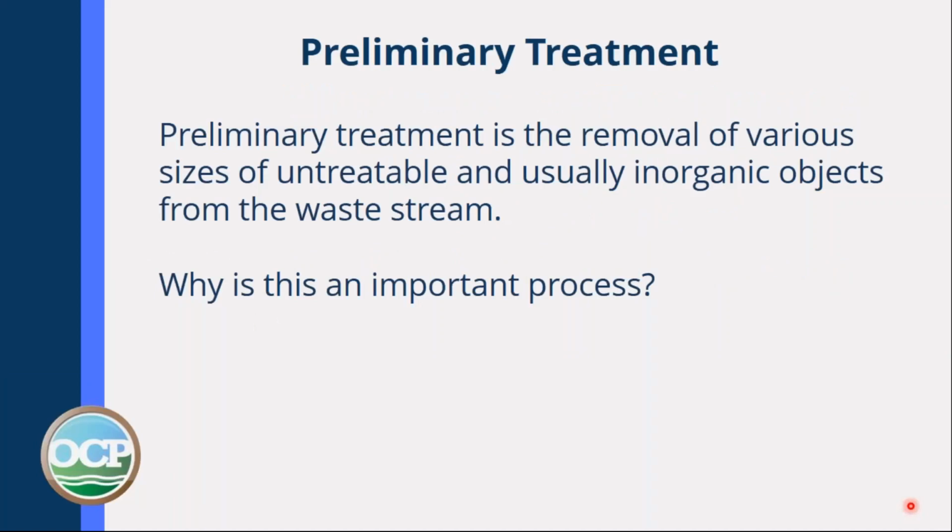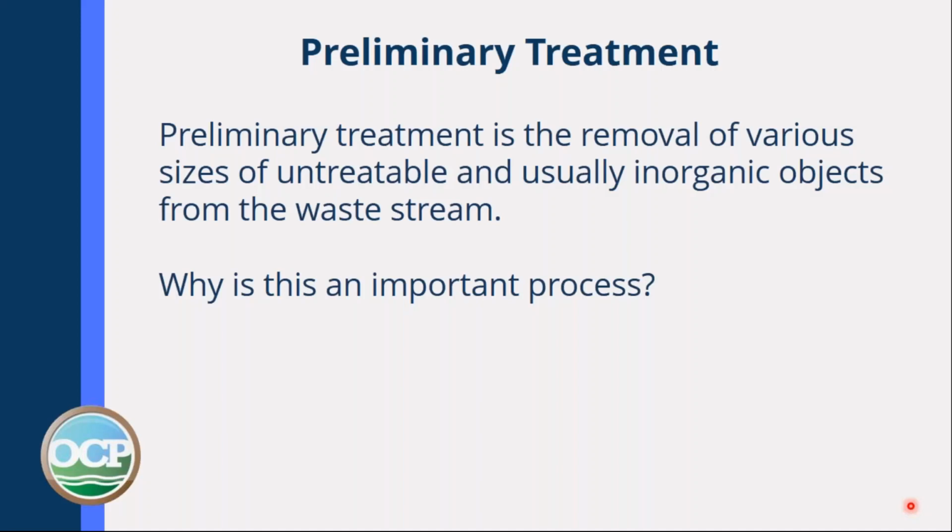What do we understand by preliminary treatment? This is the removal of anything that is usually untreatable from the waste stream before it goes into the wastewater plant. It's important for a number of reasons. One is that it's untreatable and could block the system.